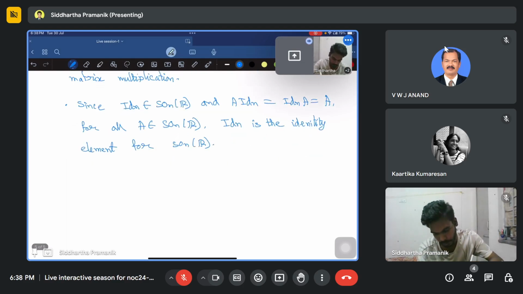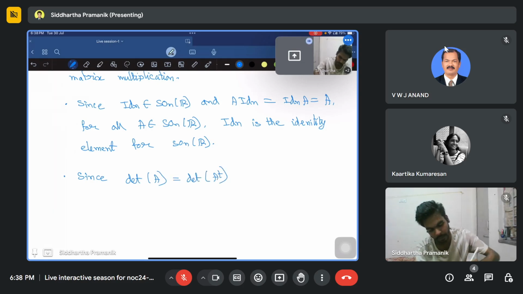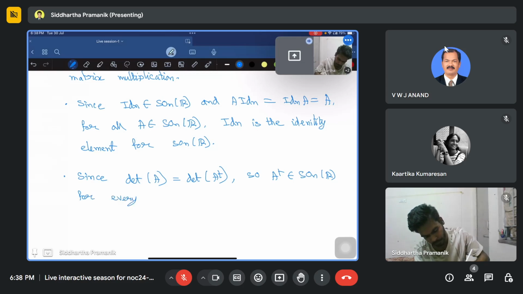Okay, and for the inverses, since det of A equals det of A transpose, and this holds for every square matrix, right? So A transpose belongs to SO(n,R) for every element A in SO(n,R).